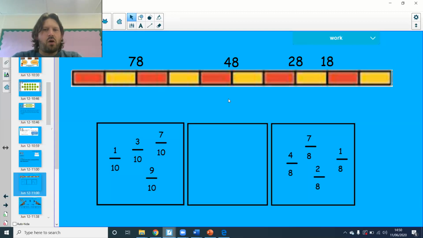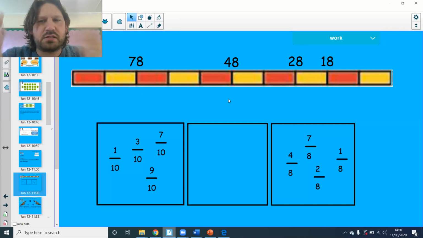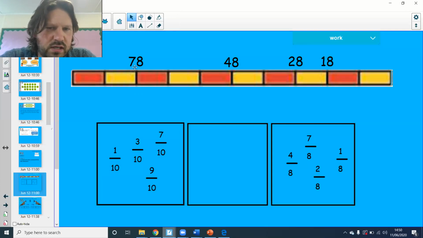Okay, so I can order it using this number line from 18 to 78, or from 78 to 18. It depends. The reason I've left a space is in my head, this is 8, this is 18, 28, 38, 48, 58, 68, 78, 88, 98. Okay, it's just the way my mind is working.